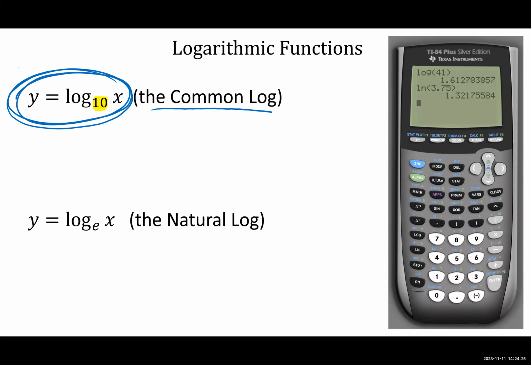This is what we mean, but this is what we write. Y is equal to log x. All right, so when you see the letters log, short for logarithm, and you have no subscript, no little number after the g, you assume it's a 10.